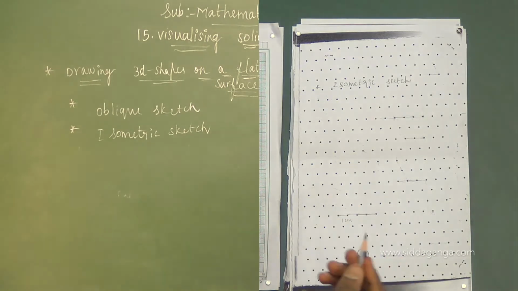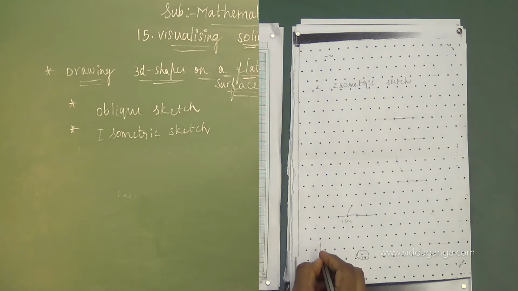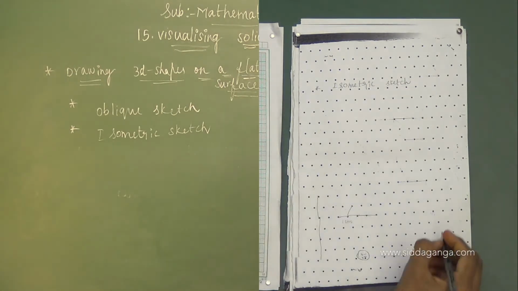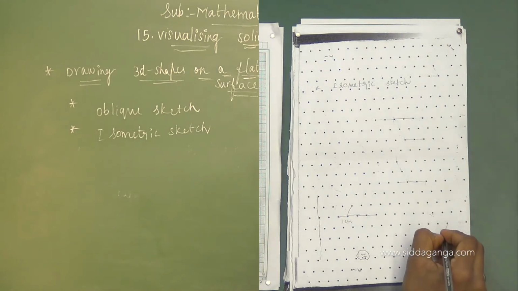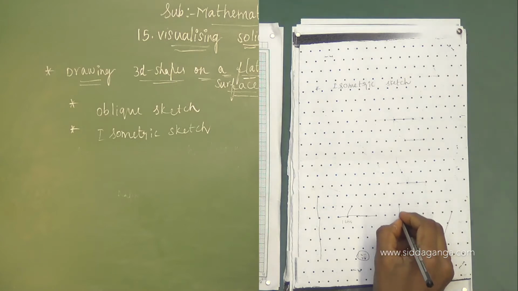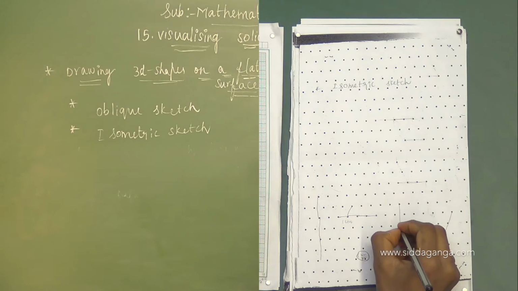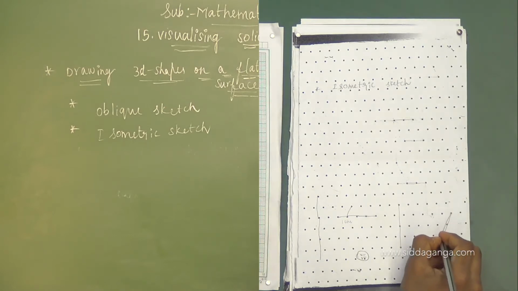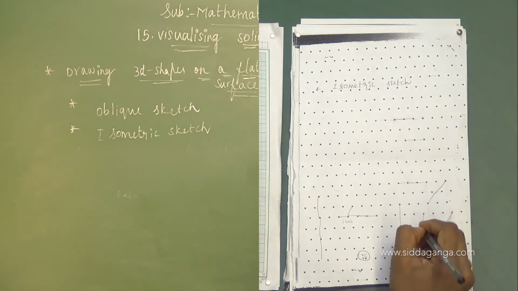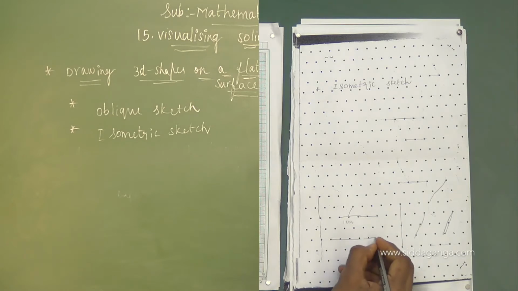We have to take height diagonally like this, and breadth like this. Don't take it like this, you have to take it like this. And length you have to take like this.